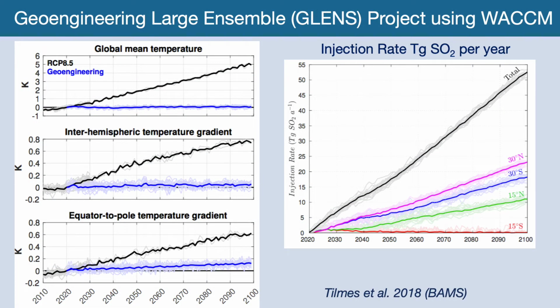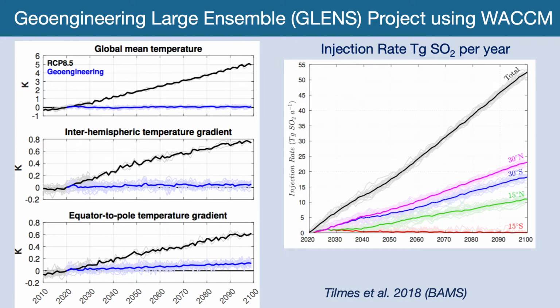The application of sulfur injections has been tested using the high emission scenario RCP 8.5 and the goal to keep surface temperatures at 2020 conditions. On the left of the slide, one can see that with our approach, the three temperature goals could be achieved. In black, we can see the RCP 8.5 temperature changes for global surface temperature on the top, as well as interhemispheric temperatures in the middle and pole-to-equator temperatures at the bottom.